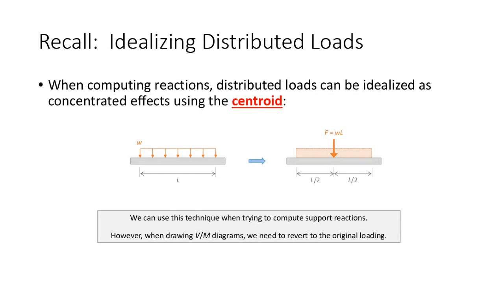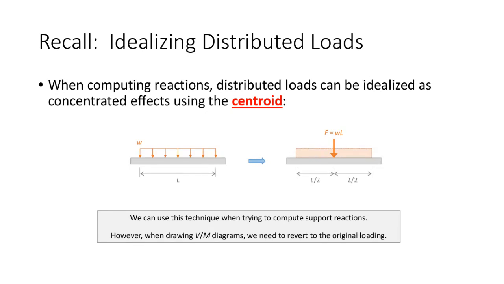So, for instance, this is a uniformly distributed load. Let's say we have 3 kips per foot over a distance of 15 feet. So the magnitude of that load would be 3 kips per foot times 15 feet. So it'd be 45 kips. And then we would place that single load at the centroid. So the resultant of that load acts through the centroid.